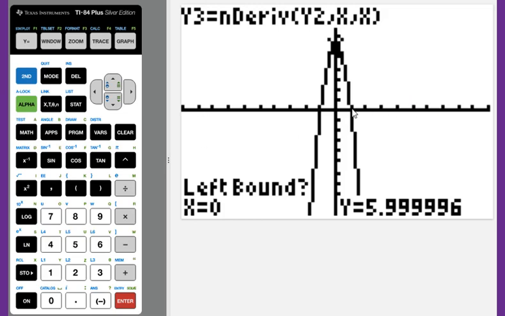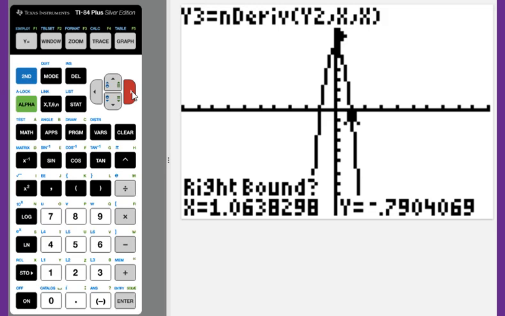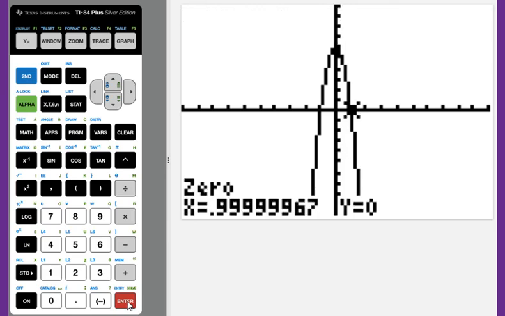So we need this left bound. I will move a little bit closer to this x-intercept. That will be left bound, on the left side of the x-intercept here. So we do enter. Then keep moving to the right side of this x-intercept. That will be right bound. I press enter, enter. You will get x equals 0.9, that means x equals 1.